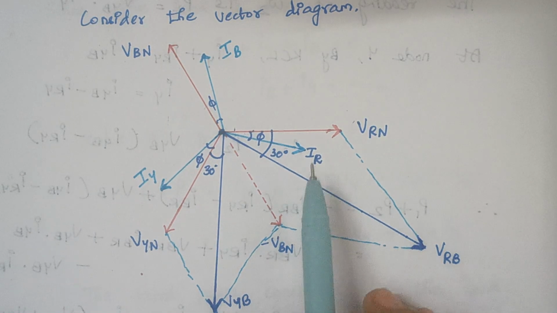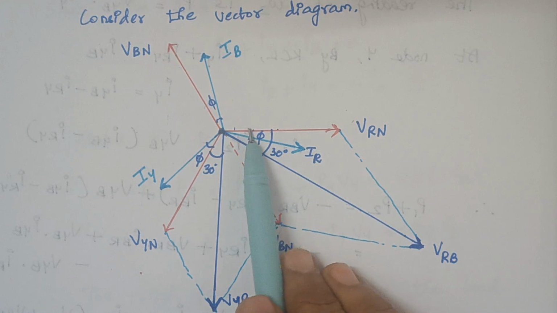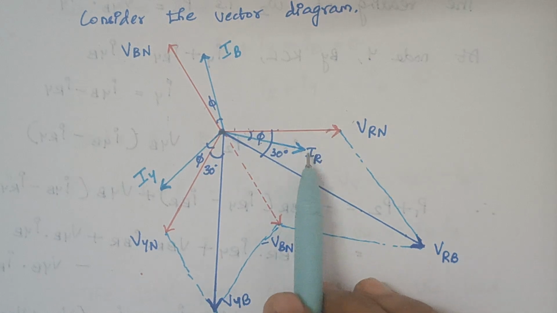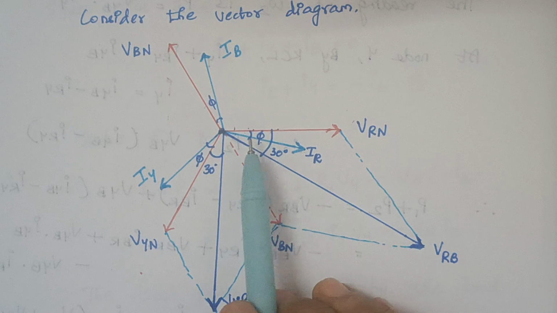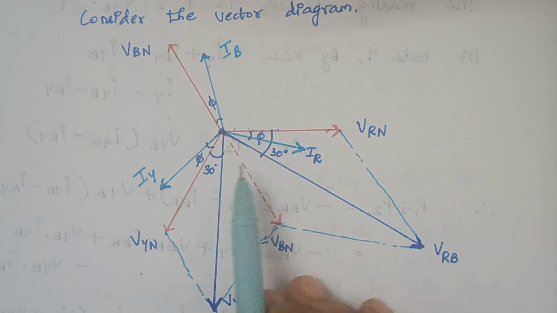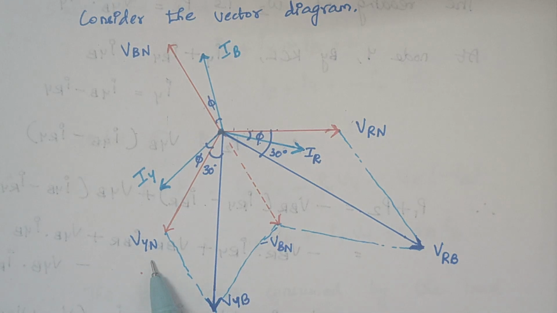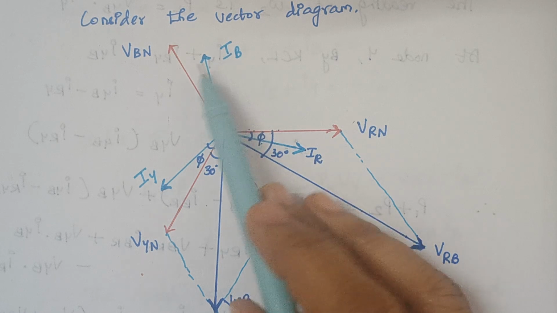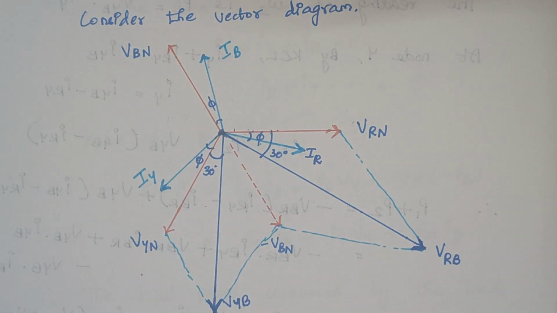And here the respective current lags behind the voltage by a particular angle. That angle is known as phi. You see here the current IR lags behind VRN by an angle phi. Similarly, the current IY lags behind its respective phase voltage by an angle phi. And the current IB lags behind VBN by an angle phi.